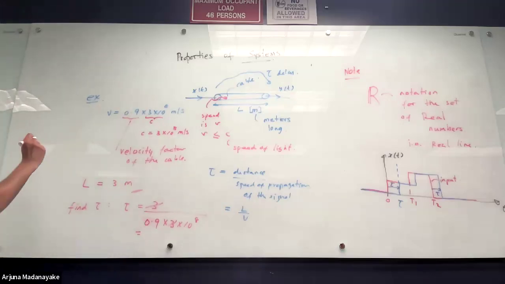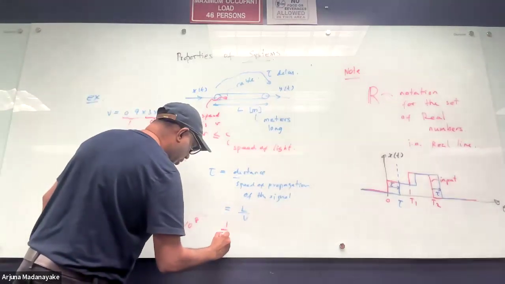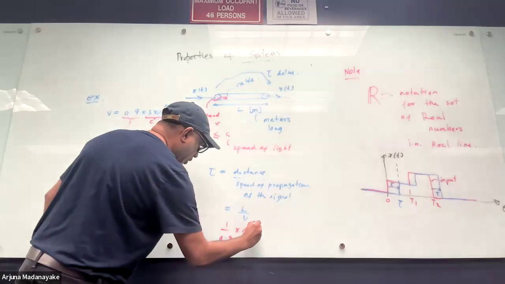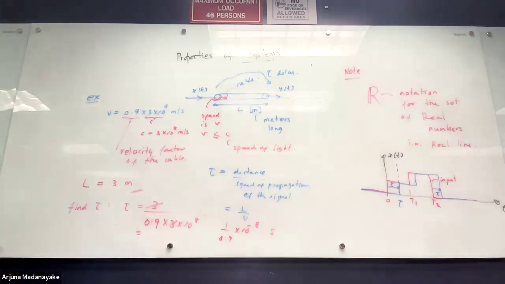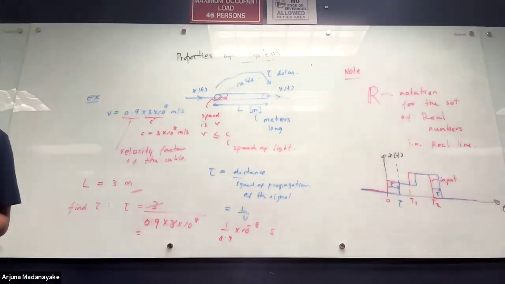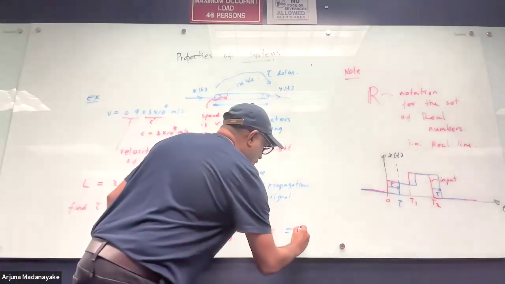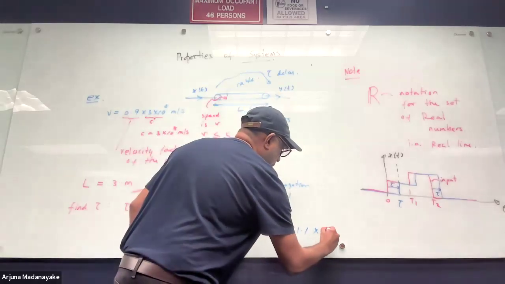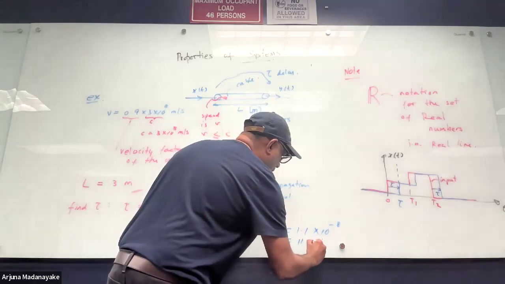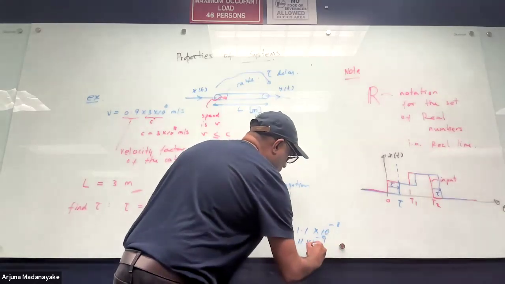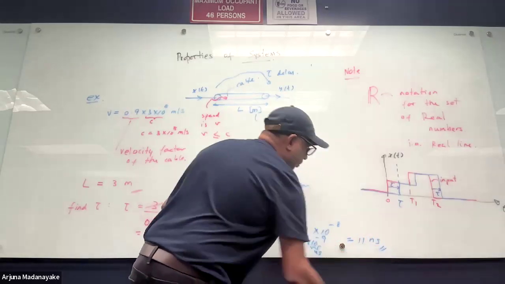So 1 over 9. Our answer is going to be 1 over 0.9 into 10 to the minus 8 seconds. How much is it? 1.1 times 10 to the negative 8, right? So that is basically 11 times 10 to the minus 9. 10 to the minus 9 is nanoseconds, so 11 nanoseconds.